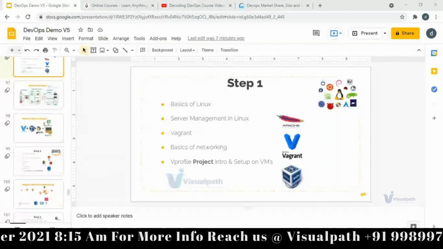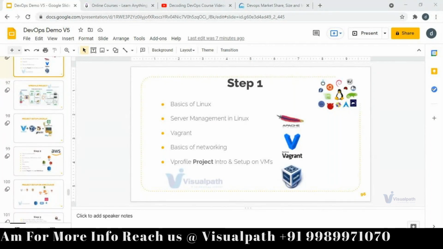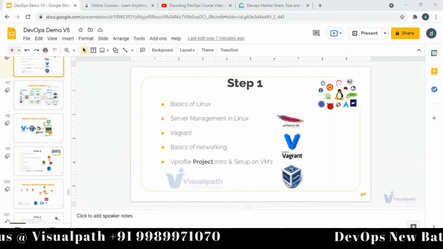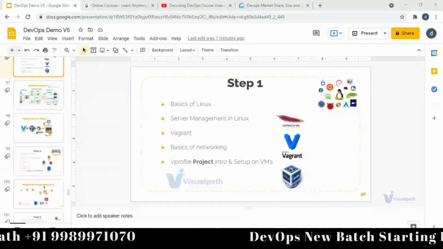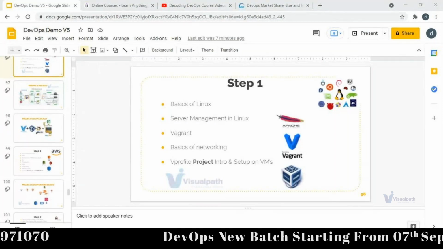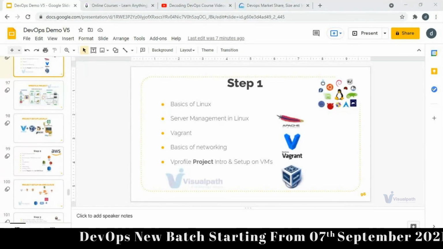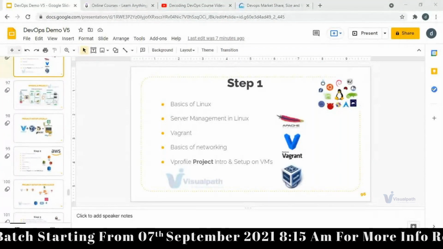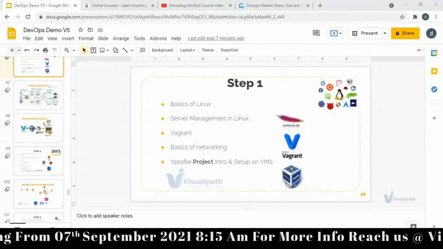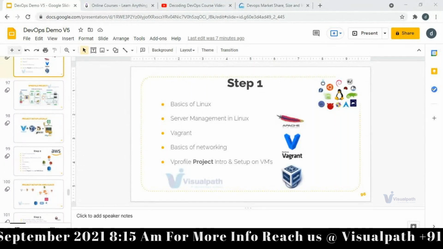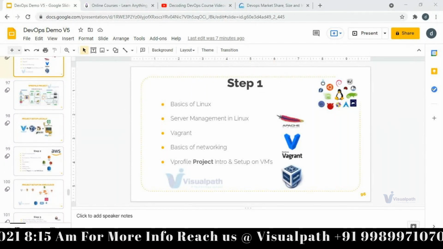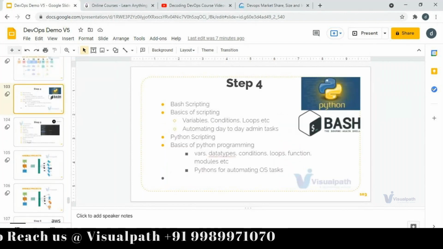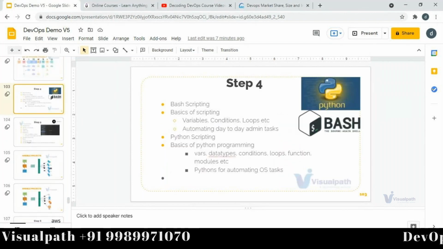So people who are totally new to the IT industry, for these people the first 15 days will be very crucial. I repeat, for people new to the IT industry, the first 15 days will be very crucial, where we are going to learn Linux, basic networking, and virtualization. Also, for people coming from a non-scripting, non-programming background, scripting will be very important.